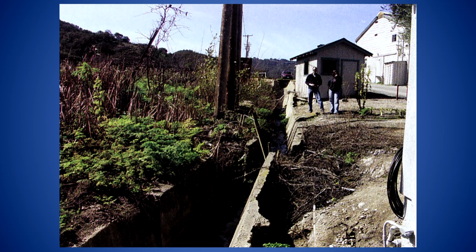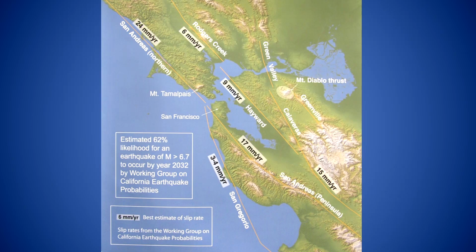Beside the house also they come across this typical shift. The faulting is over here, and that has shifted the water drain. This Hayward fault is a part of the San Andreas fault system. This all falls under the San Andreas fault system, but they slip at different rates.